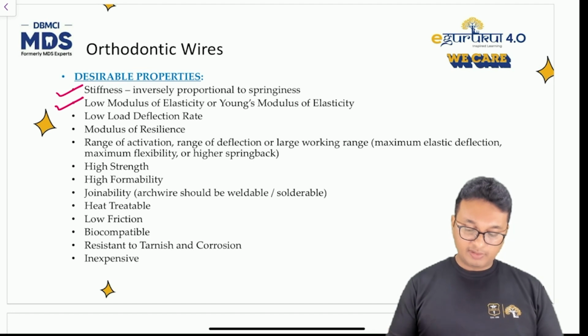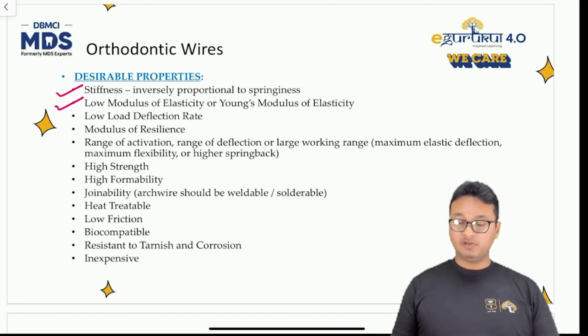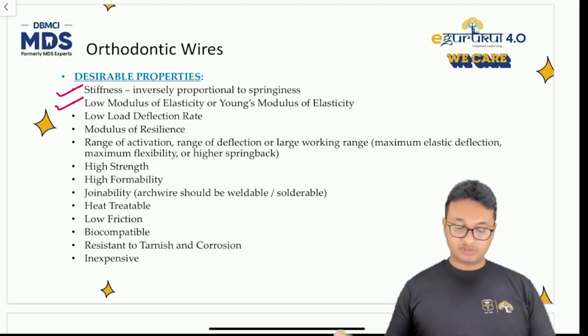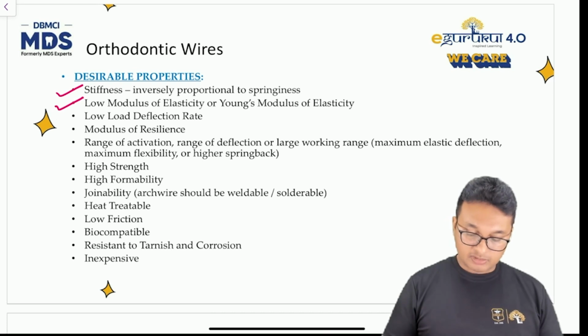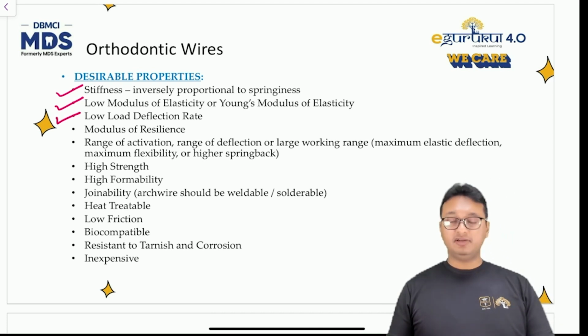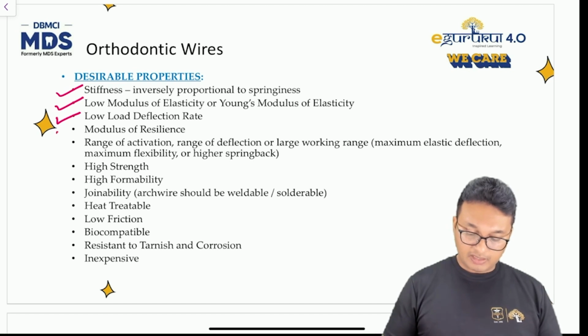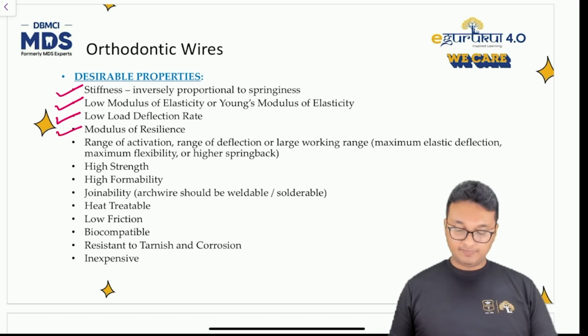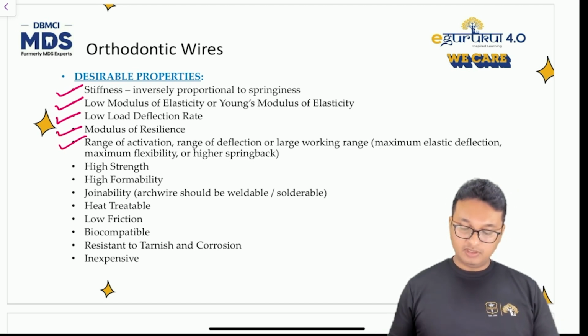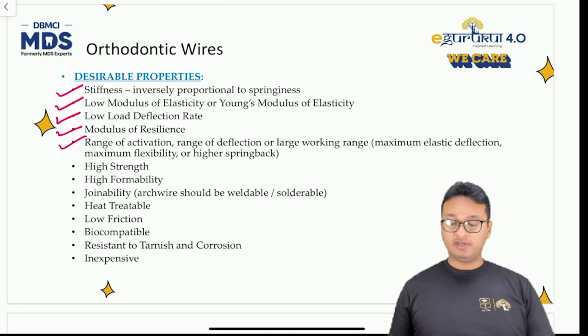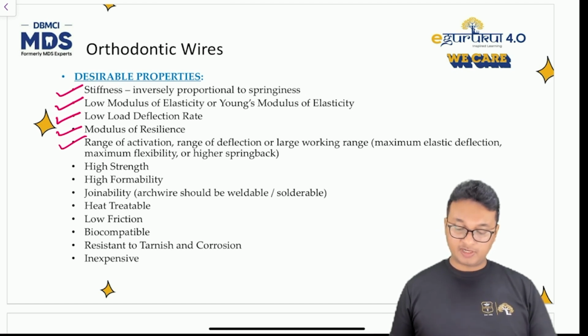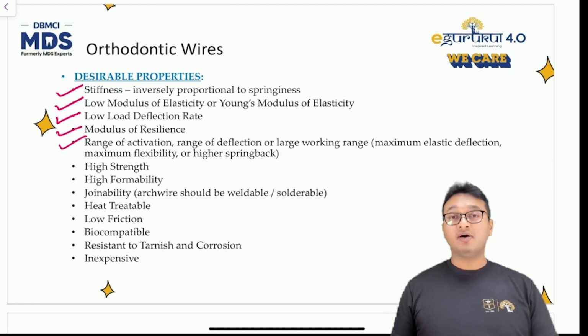Young's modulus of elasticity should be quite low, not too high. It should have a low load deflection rate. I'll be talking about these. It should have a moderate modulus of resilience, range of activation, range of deflection or large working range, that is maximum elastic deflection, maximum flexibility, or higher spring back.